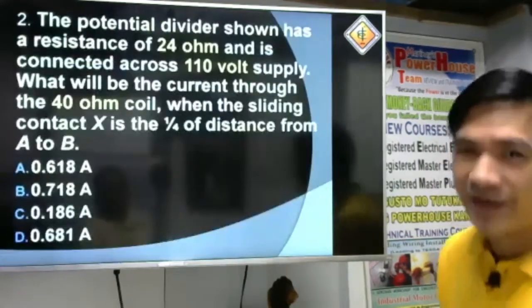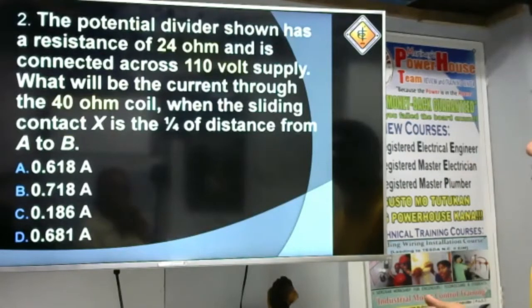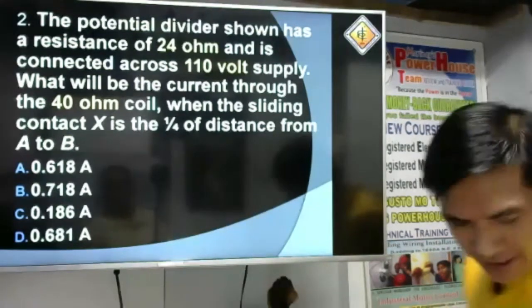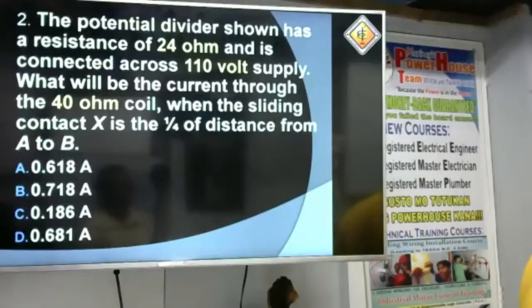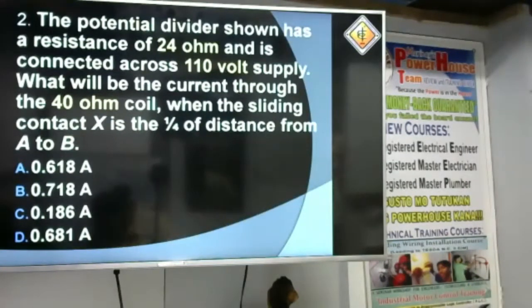So, number 2. There is a potential divider shown. Oh, by the way, I have to draw the figure first. I will draw the potential divider.